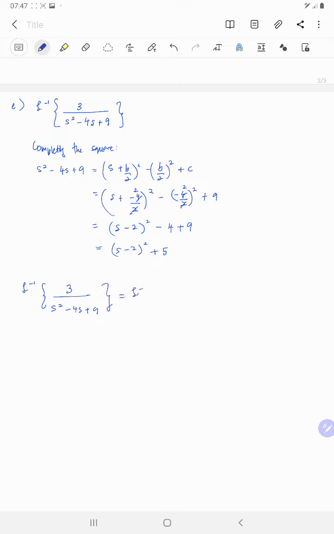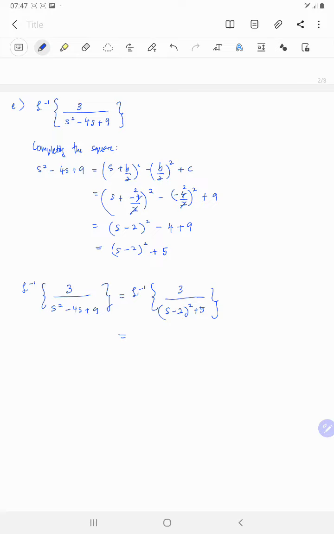Now we can see that there is the term s minus constant. The function contains the term s minus constant.